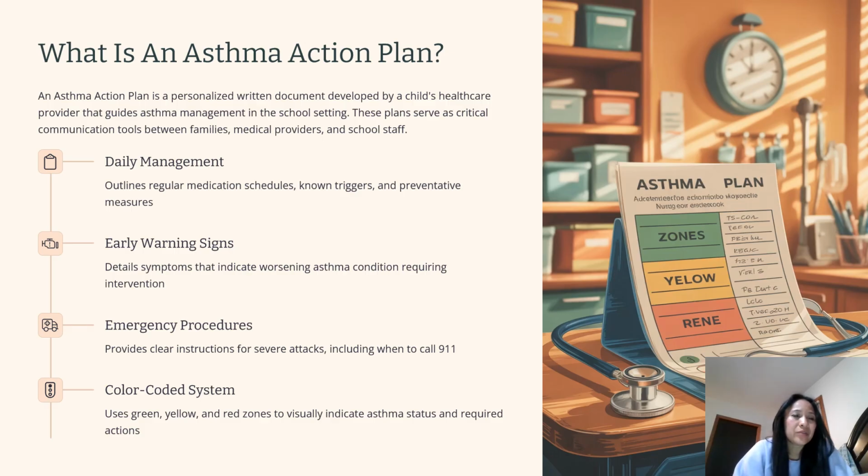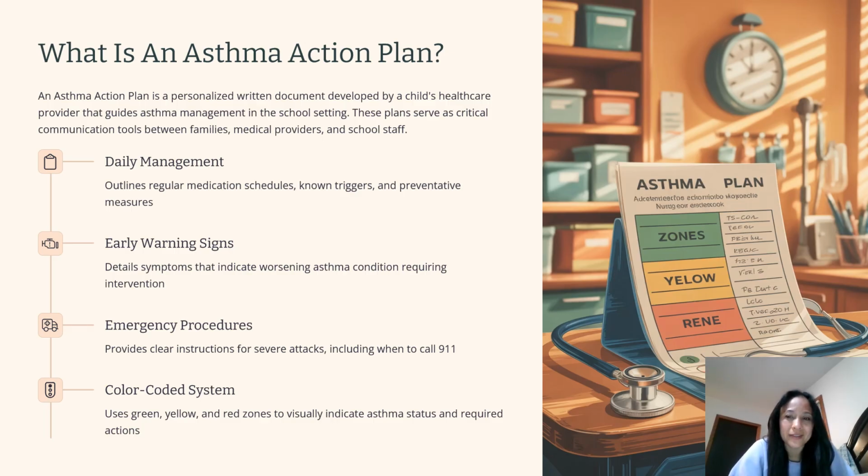Well, now that we understand asthma a little bit more, let's talk about the action plan. What does the action plan include? So, what is an action plan? An asthma action plan is a personalized written document developed by a child's health care provider. Yes, we don't have to write this plan.